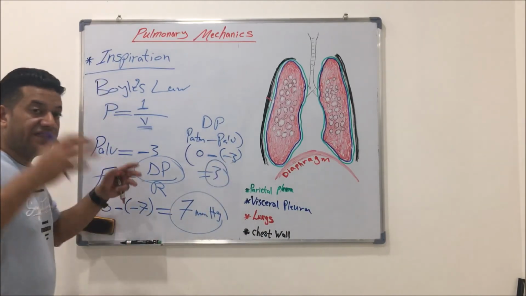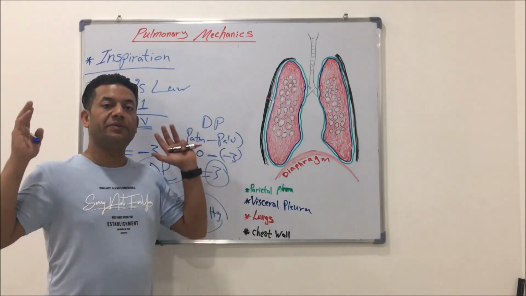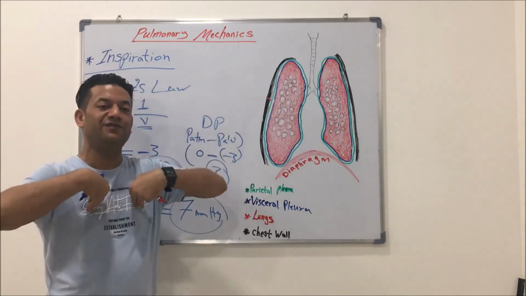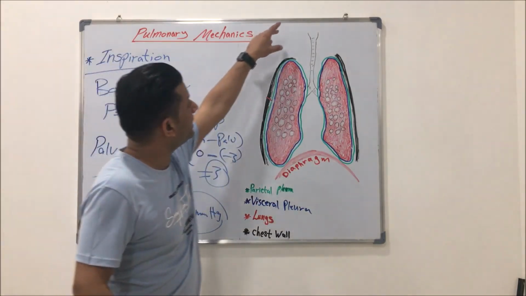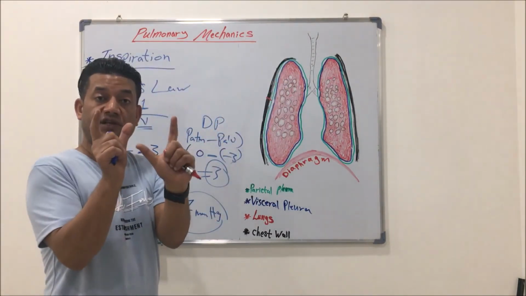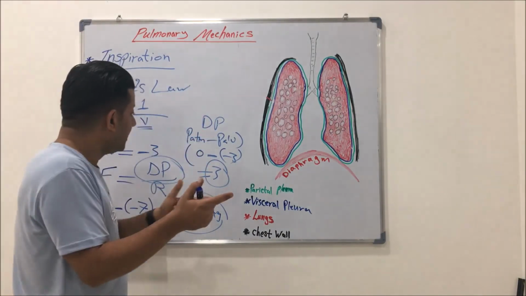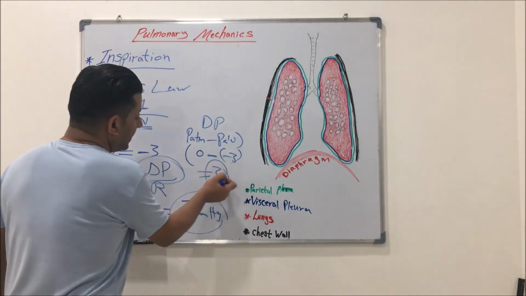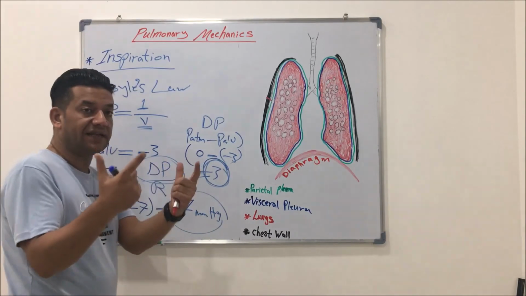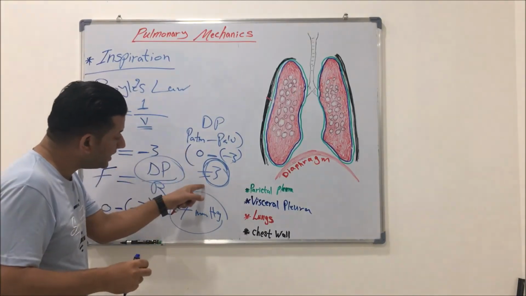So now the air will rapidly enter the alveoli from the area of high pressure. 0 is high, because of the net delta pressure, which is 3.